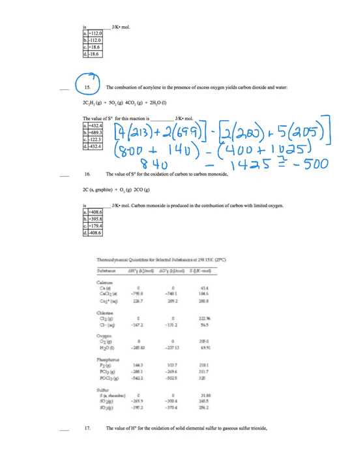You get somewhere around negative 500, which means your answer is going to be D.